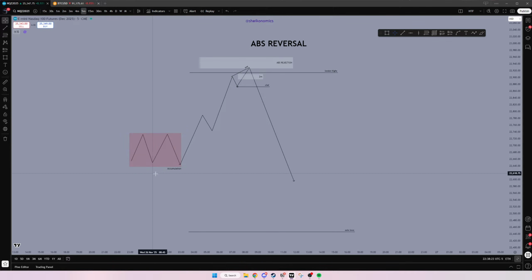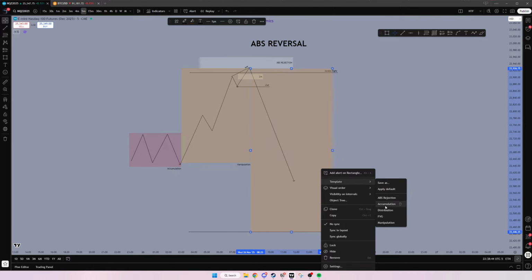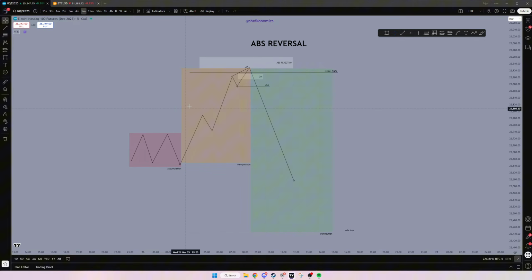So for example, during pre-market, it's common that price is going to be accumulating, or right before 10 a.m. Sometimes you have an accumulation zone. Then this move up that taps into your key level, this right here is your manipulation move. And then the trade that you want to take and the move that you're anticipating is going to be the distribution move. So this right here is your ABS aligned with PO3.